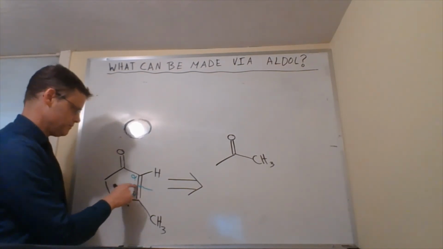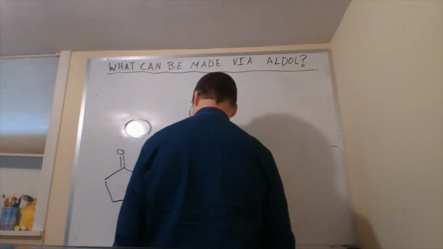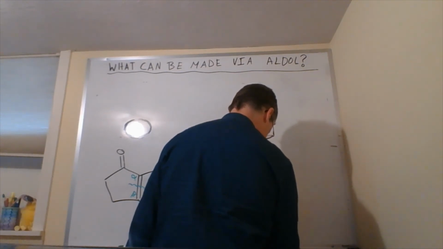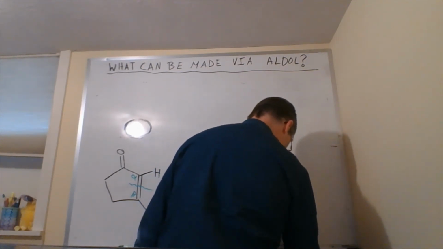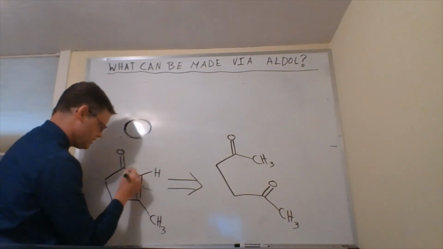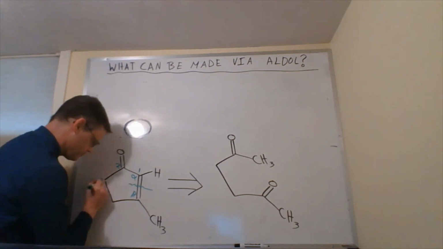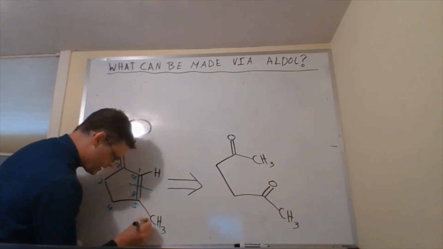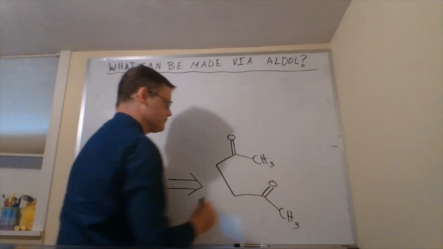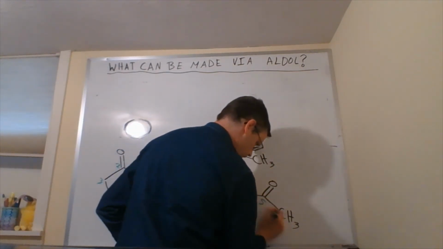And so we're going to replace this carbon basically with an oxygen. Okay, and so just to keep track of things, I'm going to number these carbons 1, 2, 3, 4, 5, 6. And this could have come from 1, 2, 3, 4, 5, 6.